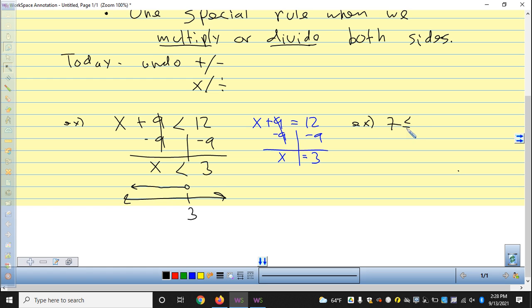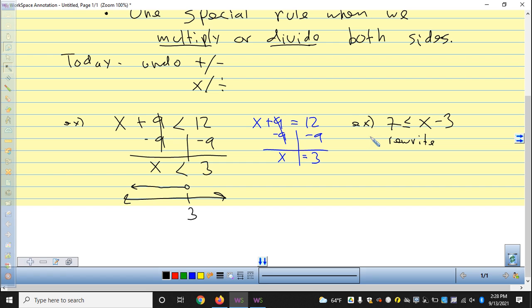7 is less than or equal to x minus 3. Now when we solve equations or when we solve inequalities, I usually prefer to have the variable on the left. So I'm going to rewrite this. I'm going to think of taking this inequality and just flipping it over.